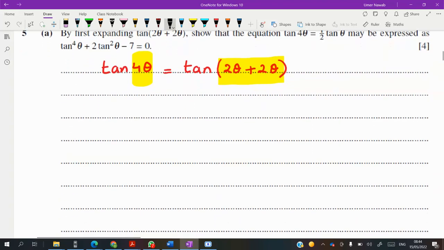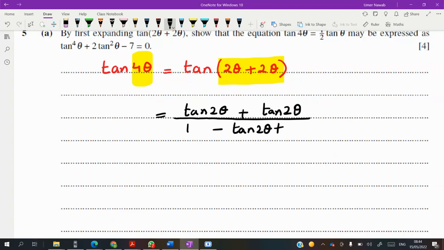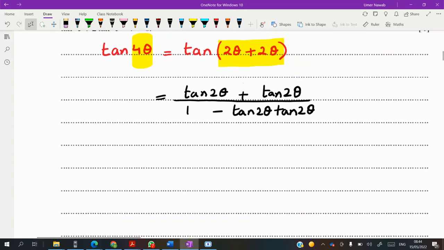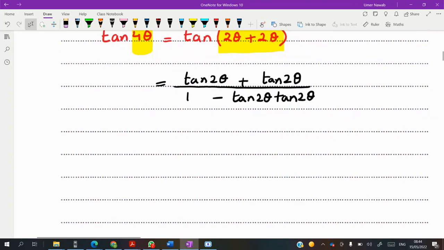Now apply the formula. What is the formula? Tan of A plus B, tan A plus tan B over 1 minus tan A and tan B. So imagine I applied the formula of tan A plus B. Now we have the same two tan 2 thetas.